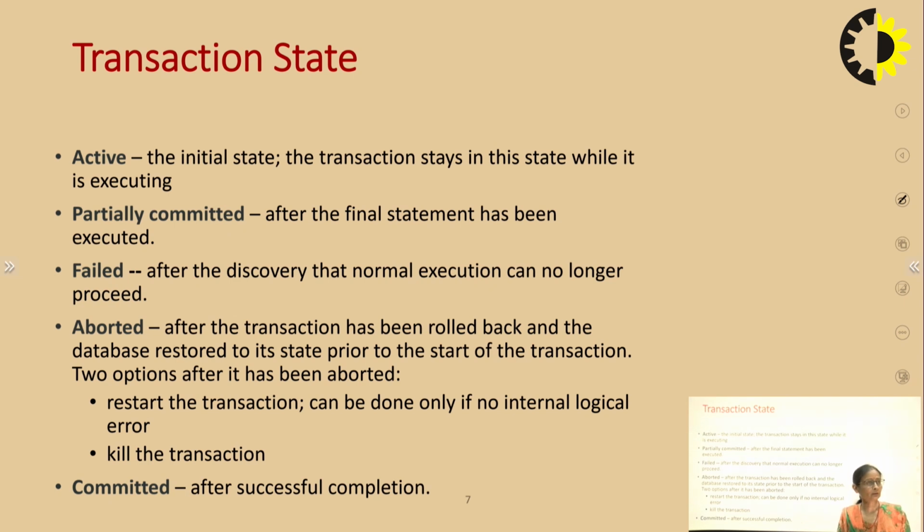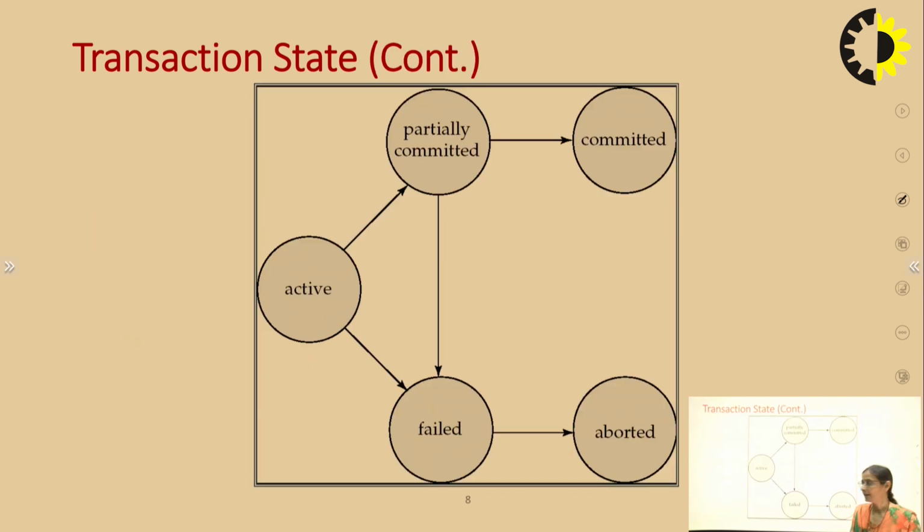Once we are talking about the transaction, every transaction undergoes various states, that is phases, in its life cycle. The very first phase is active, then partially committed, failed, aborted, and committed. If you look at the diagram, once you initiate a transaction, it is in the active state, and if some mishap happens, then it will move to the failed state.